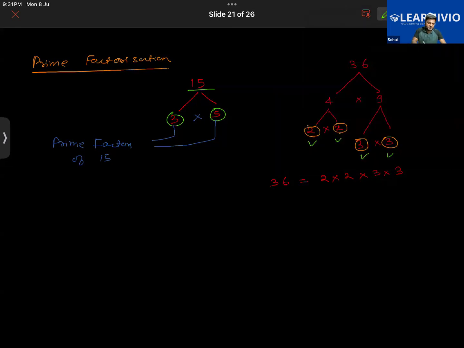So prime factorization is a representation of a number as a product of prime numbers.